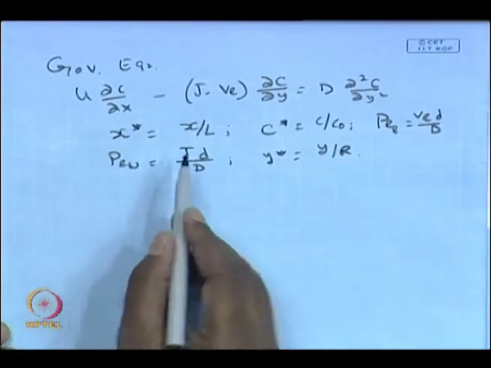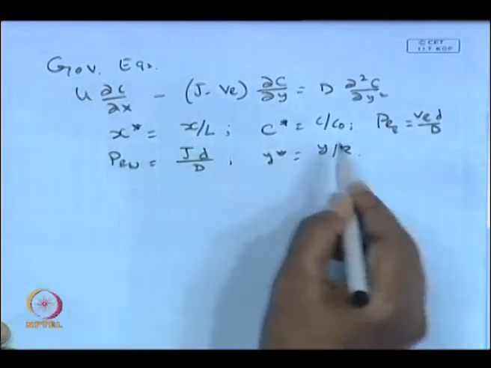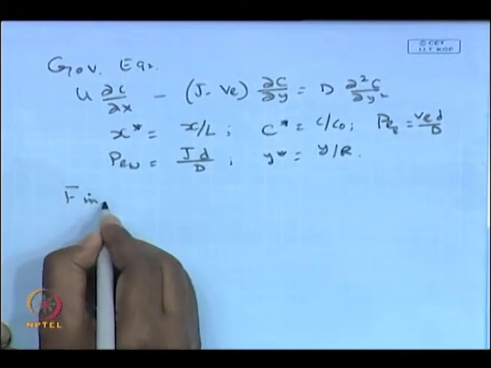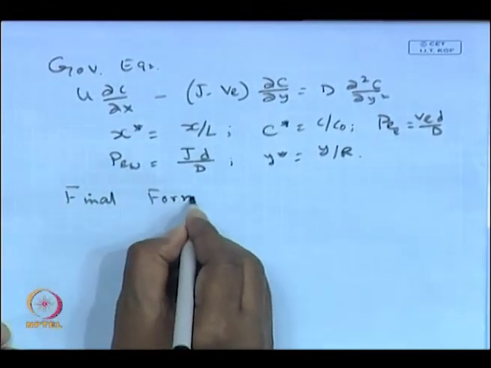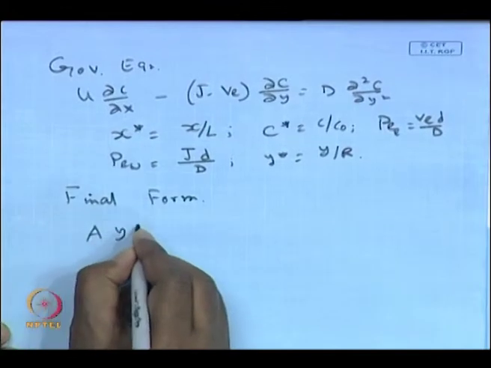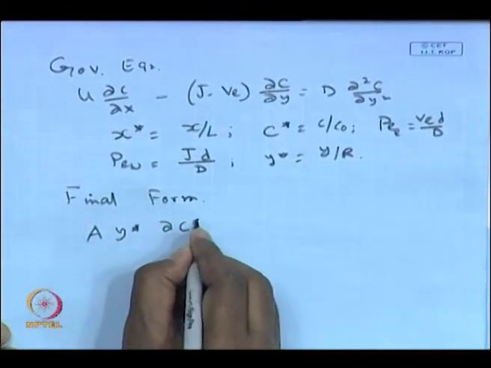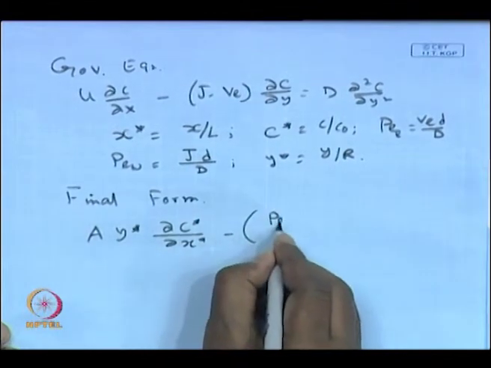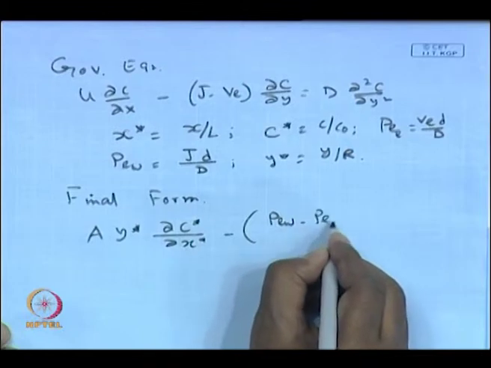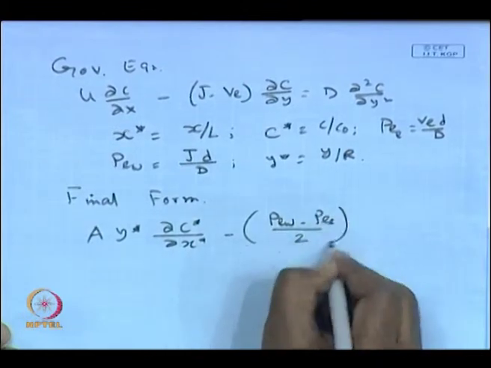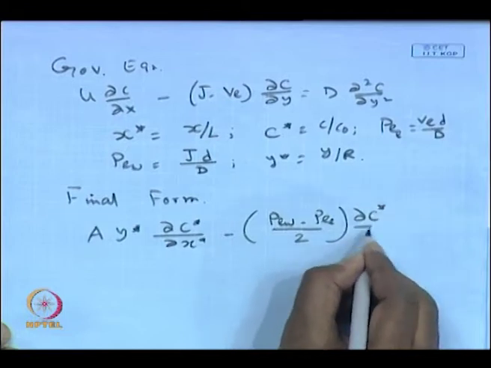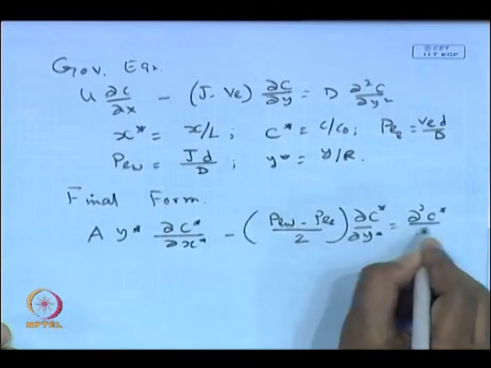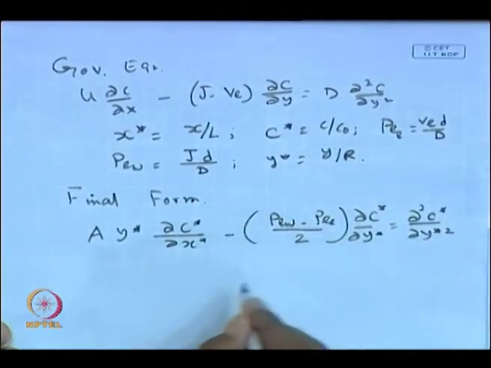So, if you really do all this non-dimensionalization, the final form of the equation becomes, I am writing the final form, you can match it: A y star del C star del x star minus (P E W minus P E E) divided by 2 del C star del y star is equal to del square C star del y star square.